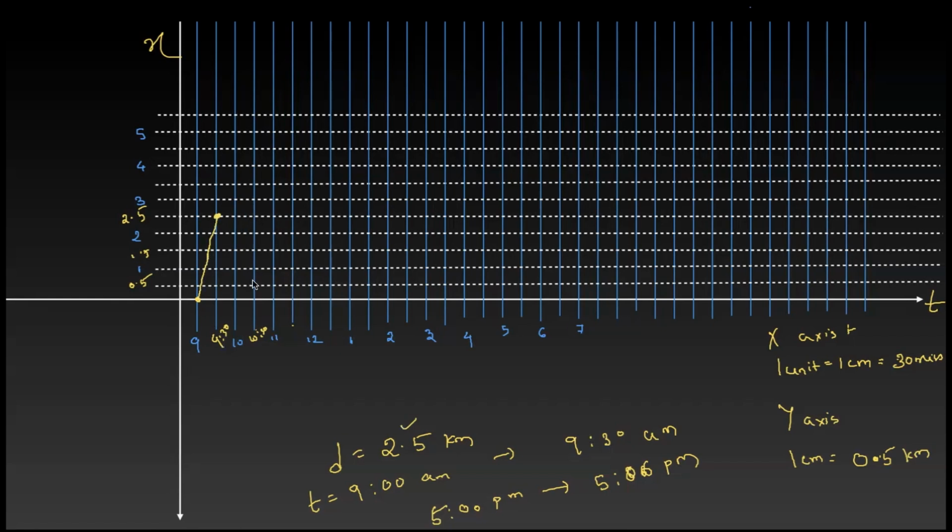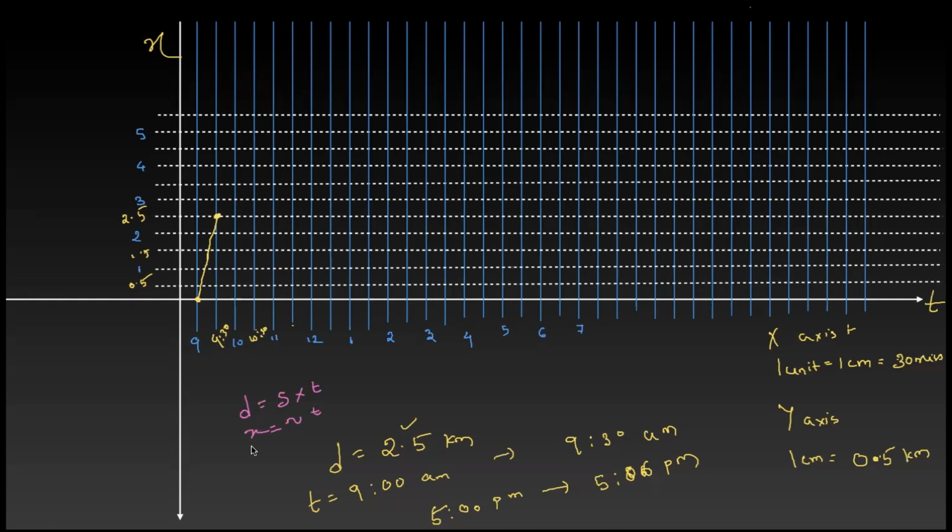Now you can ask why it is only a straight line. Why can't it be like this? I will give a very simple reason. Listen over here. You know that distance is equal to speed into time, so x is equal to vt.